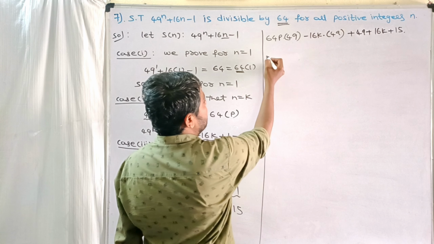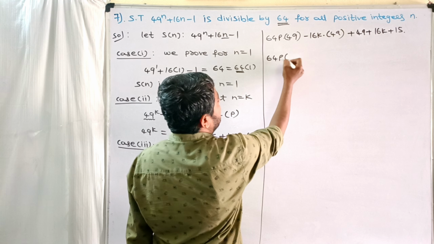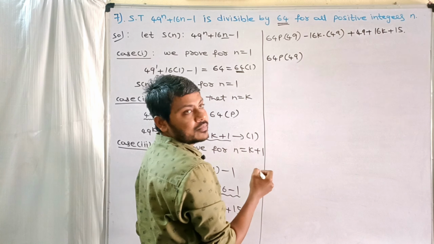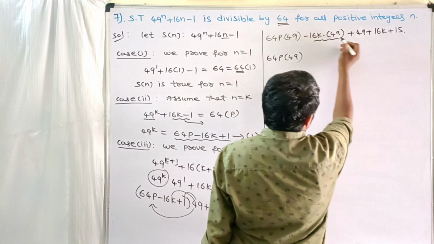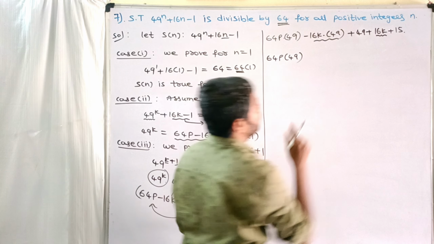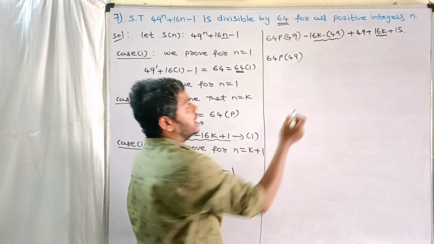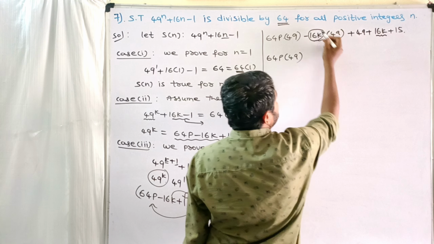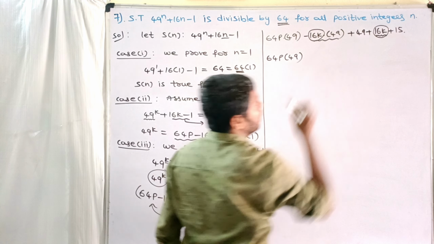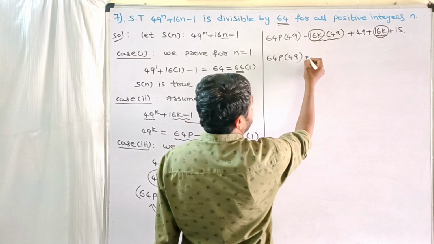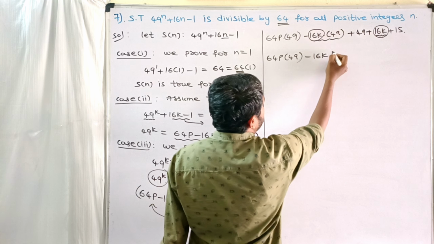Now, 64p into 49. From the second and fourth terms, we can take 16k common, taking minus 16k common.